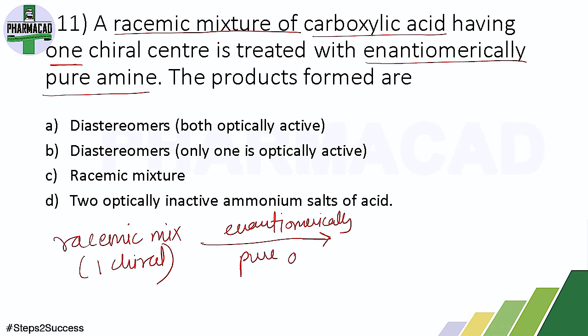Racemic mixture means 50-50%, right? Enantiomerically pure amine means 100%, right? So what will we get?